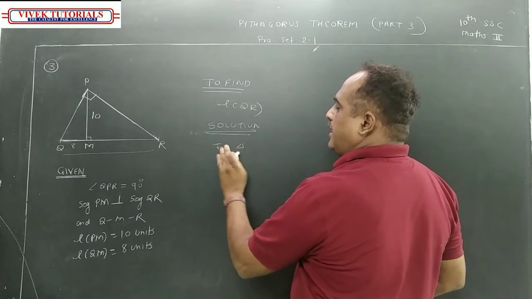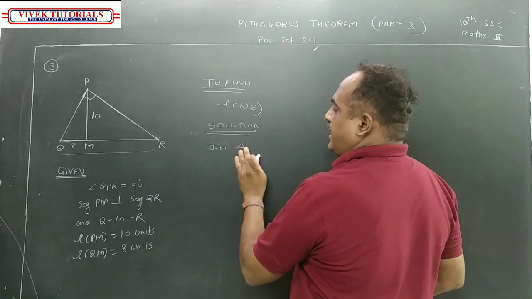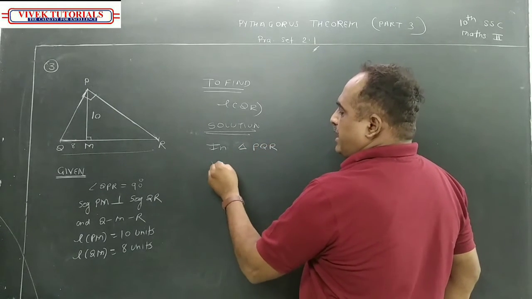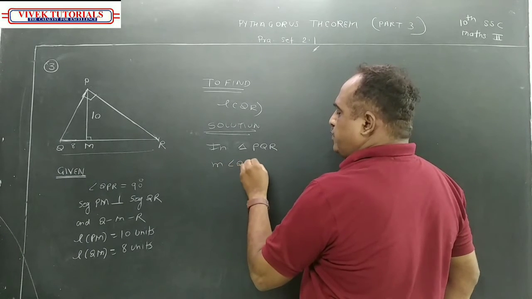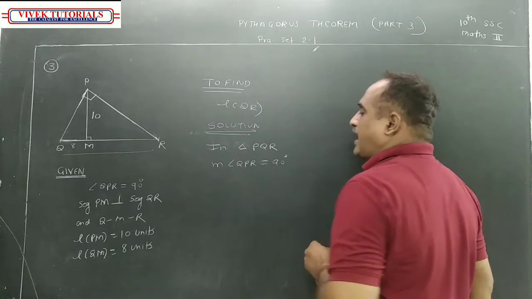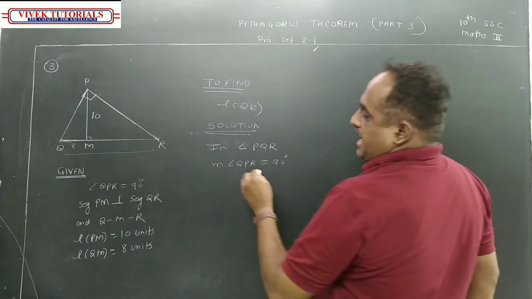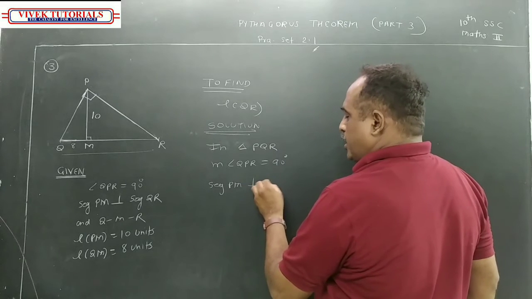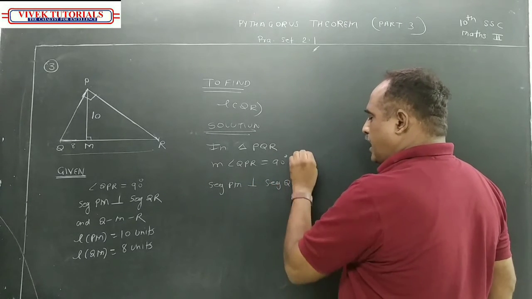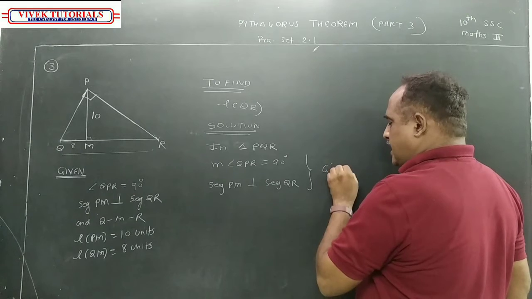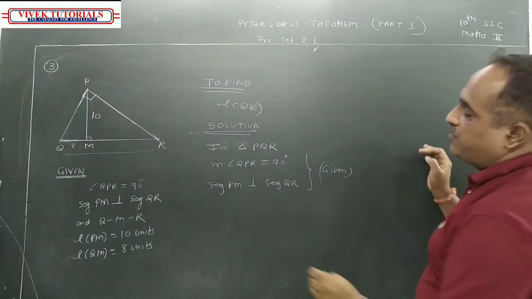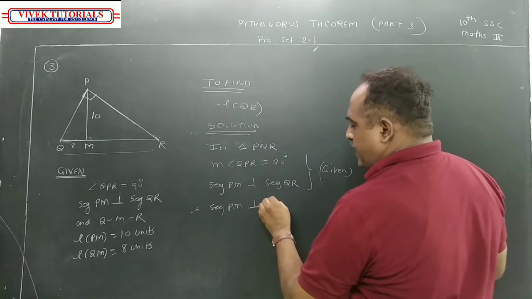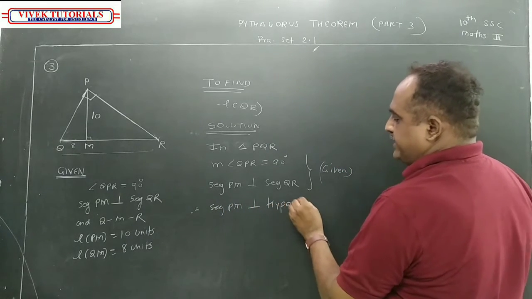In triangle PQR, measure of angle QPR is equal to 90 degree and segment PM is perpendicular to segment QR. These two things are given. Therefore, I can say segment PM is perpendicular to hypotenuse QR.